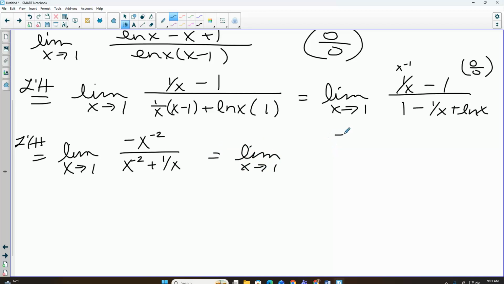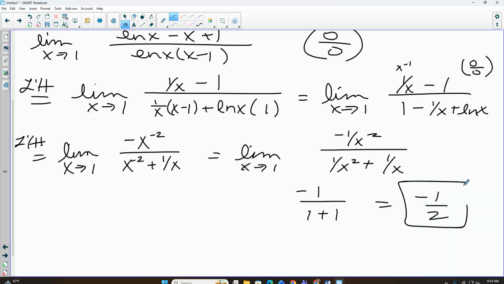If you prefer, you could think of this as negative 1 over x squared plus 1 over x squared plus 1 over x. So if I put in my 1, on the top I get negative 1, on the bottom 1 plus 1, so negative 1/2. Is that okay?